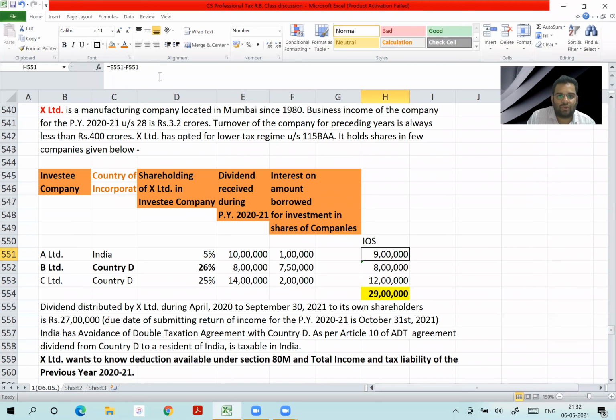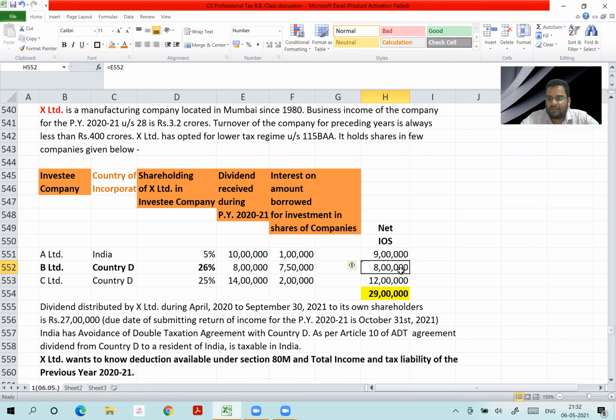My next question to you is, with respect to B Limited, how much will you consider in IOS? I have written here the full 8 lakhs. Can you tell me why? 8 lakhs is the answer. You have to tell me why. Fantastic.